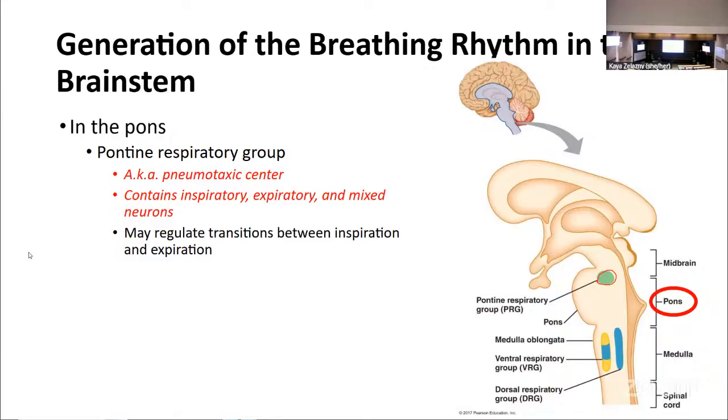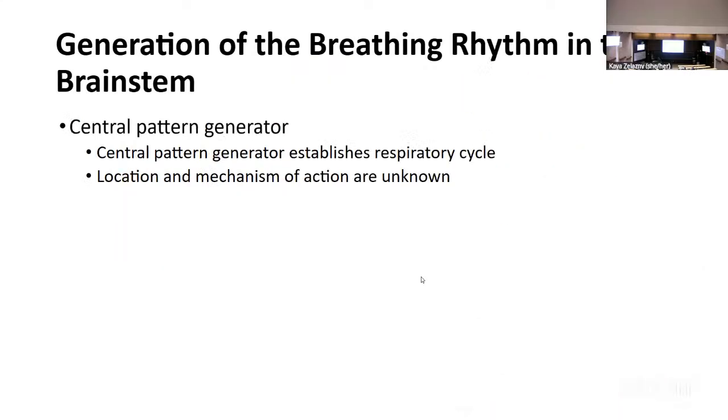There are a fair number of things that we don't actually know about how breathing is regulated from a kind of mechanistic level. Okay. Our most mysterious is the central pattern generator. Maybe there's something new since your textbook was published. I have not dived into the literature anytime recently, but as of your textbook's last update date, the location and mechanism of the central pattern generator were unknown.